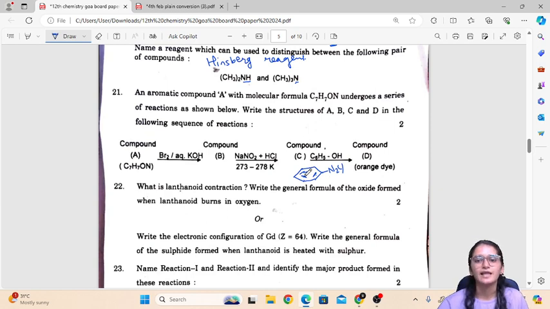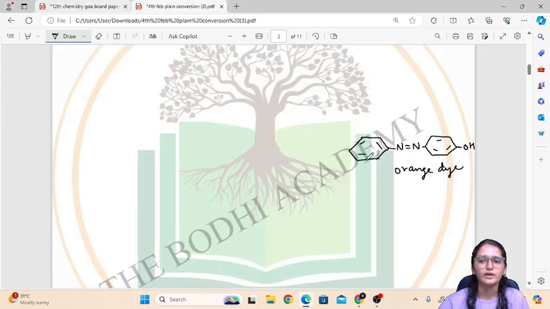So we can see that N2Cl is attached to benzene, and one N is called azo, so this is diazo. This particular compound is called benzene diazonium chloride. When you add C6H5OH to benzene diazonium chloride, we get this orange dye.